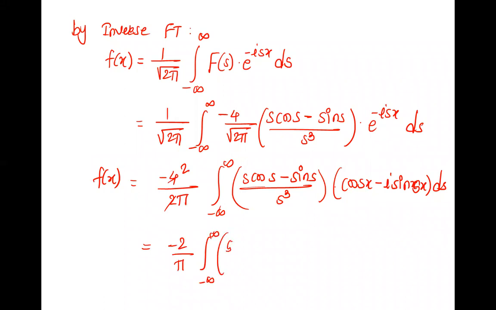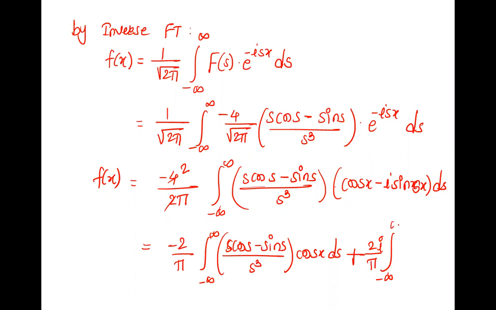Just do that. (s cos s minus sin s) upon s cube into cos sx ds, minus again 2 by pi, and there is minus i, so minus times i can come out, this term (s cos s minus sin s) upon s cube into sin sx ds is equal to f of x. Now we should check the function.